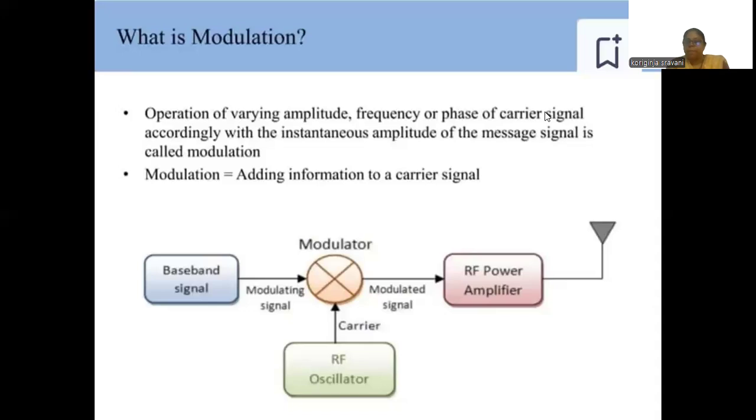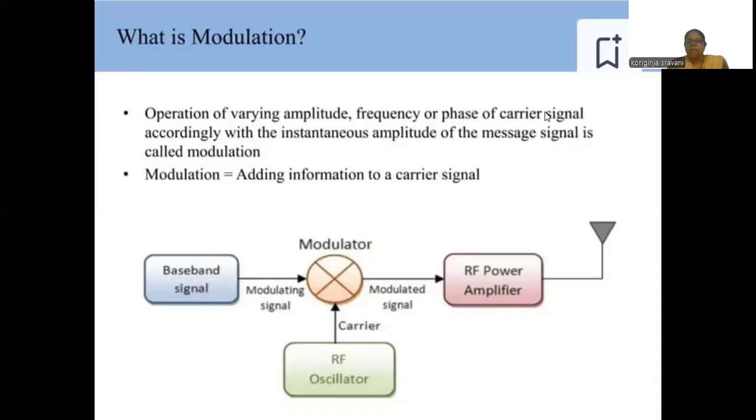Depending on our application, we change any one of these characteristics of the carrier signal with respect to the message signal, and that is known as modulation. Modulation is nothing but adding information to a carrier signal.